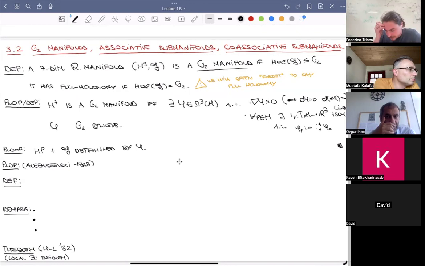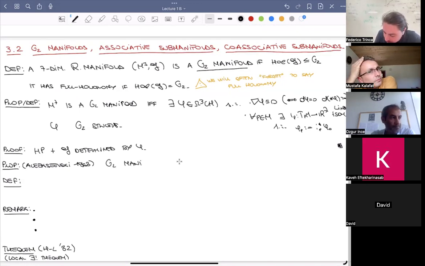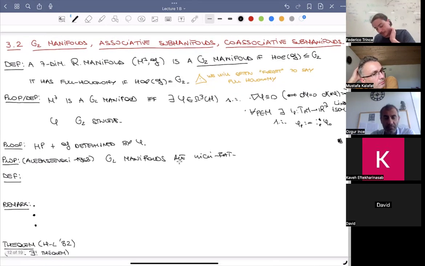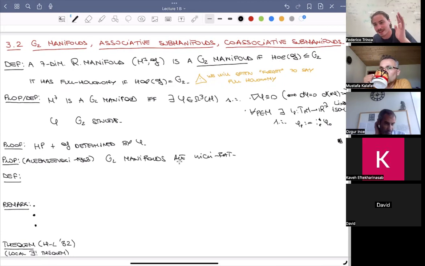Okay, another interesting fact about G2 manifolds that could be of interest for some of you is that G2 manifolds are in particular Ricci flat. However, I don't really have the time to comment more on that, but we are interested in submanifolds, and I finally can give you the definition of associative and co-associative submanifolds.